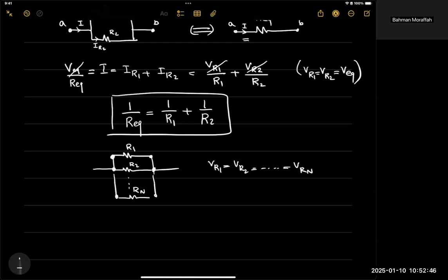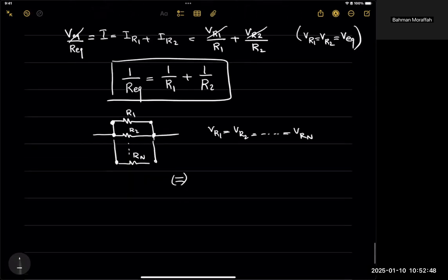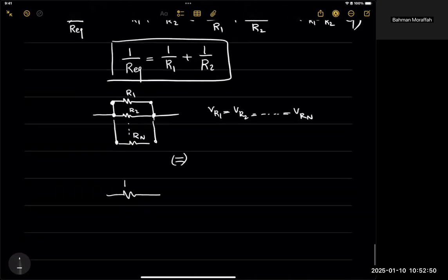If I want to replace this by an equivalent resistance, the value of this resistance is going to be computed through this formula: 1 over R1 all the way to 1 over Rn.